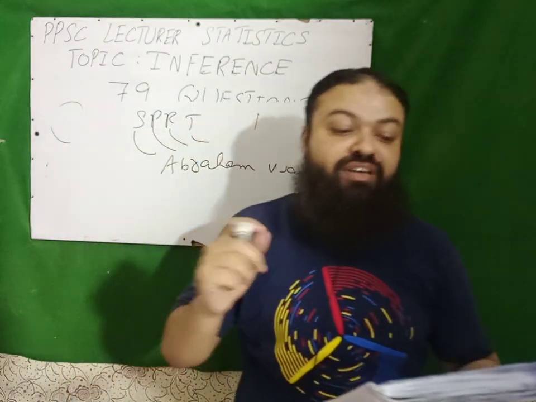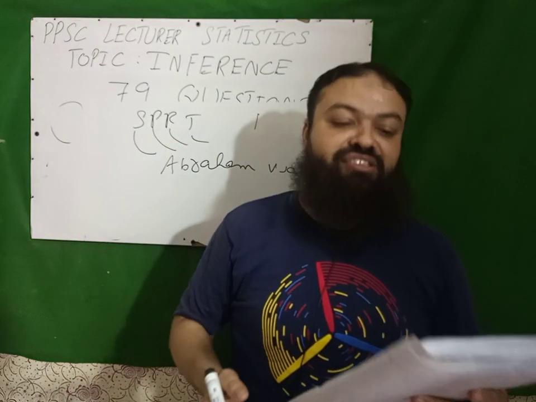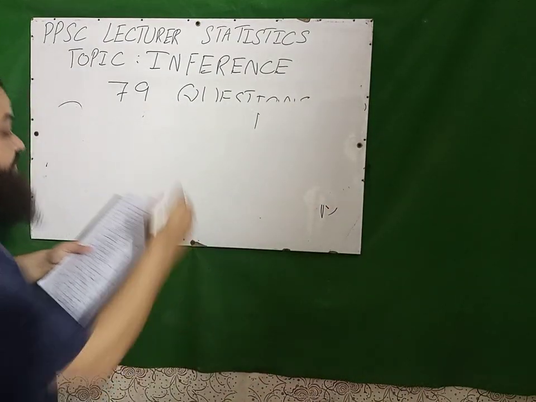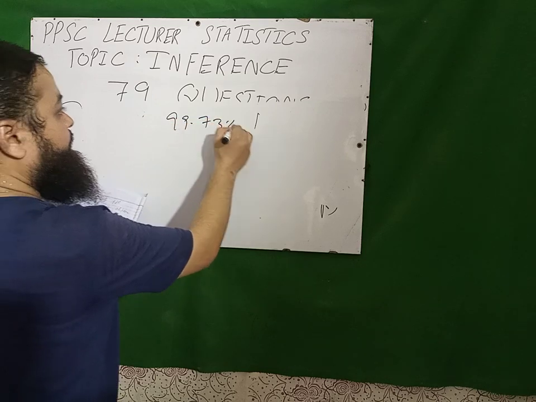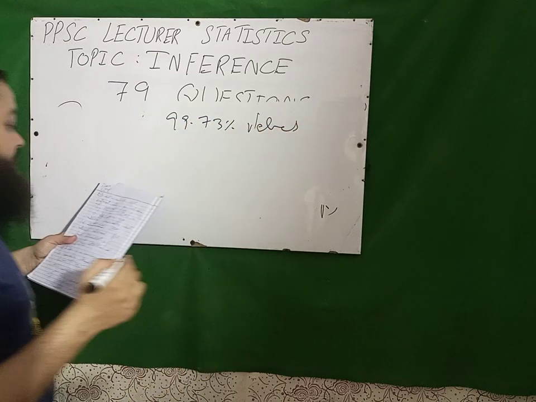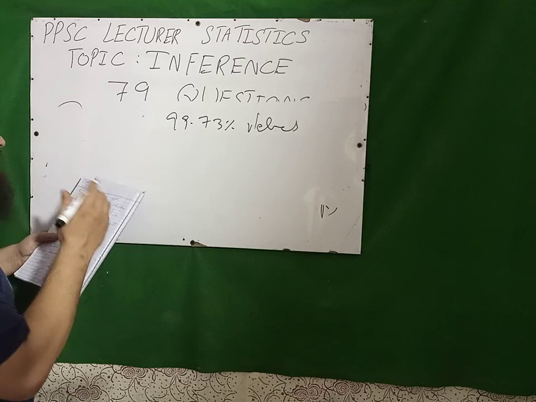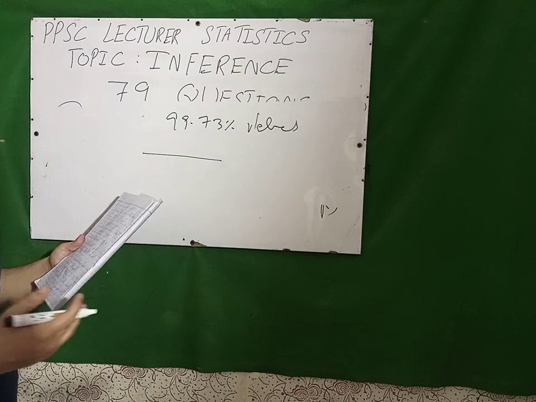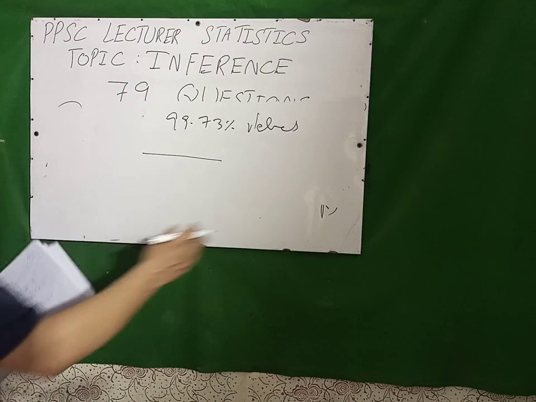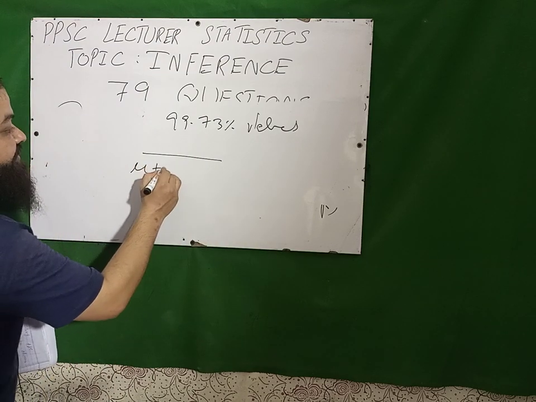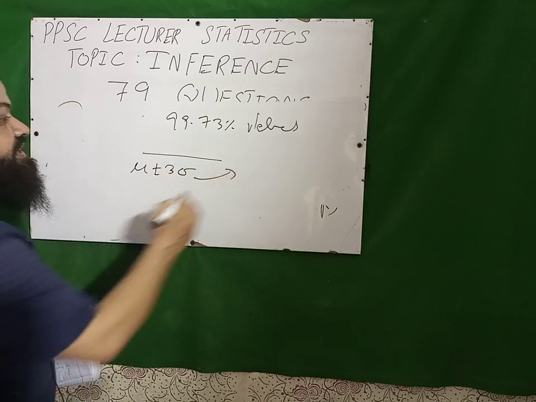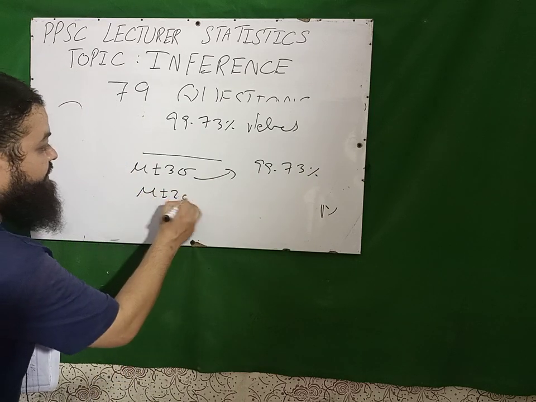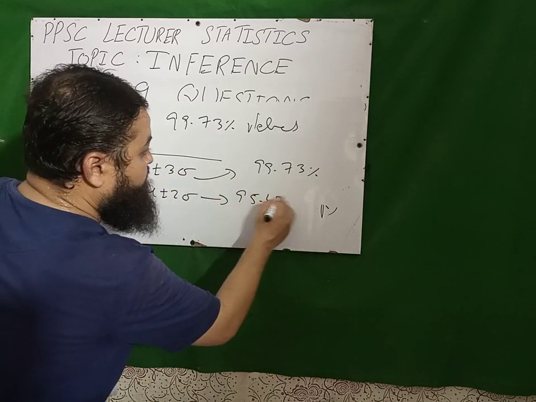Next question, very very important, when using the normal distribution to obtain the bounds for 99.73% values in a population, the interval generally will be dash, then the interval obtained by the percentage if Chebyshev's theorem is assumed. Actually, if I talk about mu plus minus 3 sigma, in normal distribution it contains 99.73%, and mu plus minus 2 sigma contains 95.45% of the values.